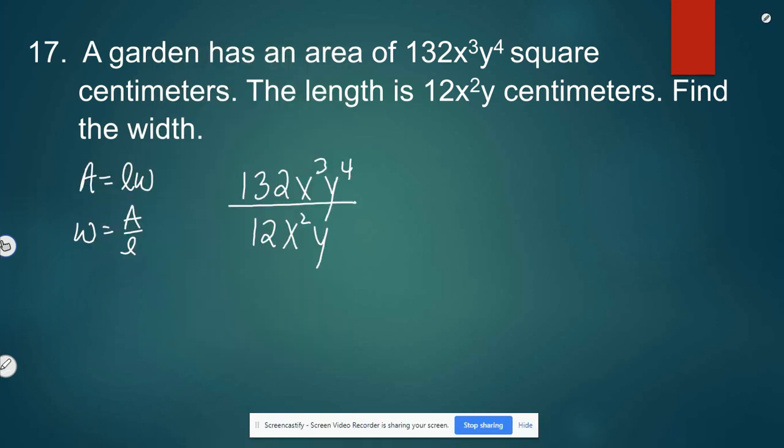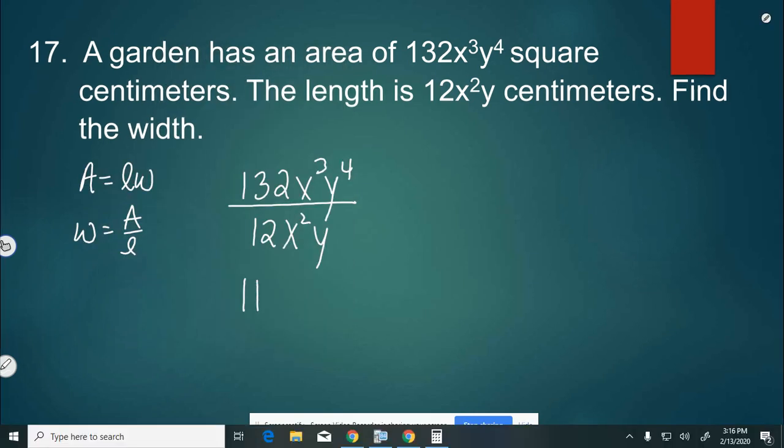It is 11. I was right. So we get 11. Then if I look at my x's, there's one more x in the numerator, and there's 3 more y's in the numerator. So my final answer would be 11xy cubed.